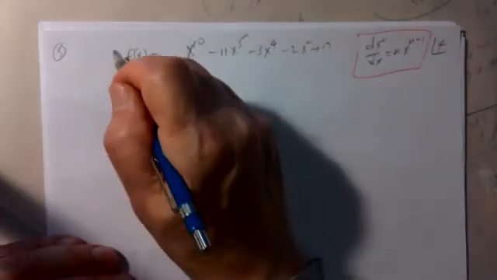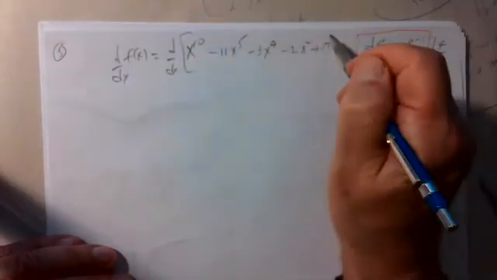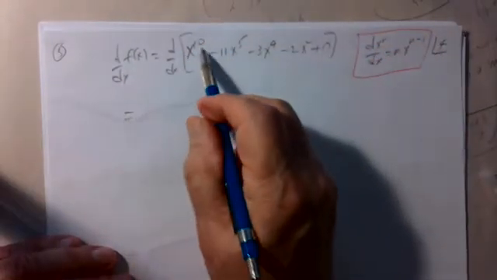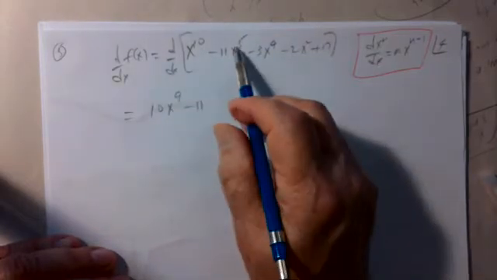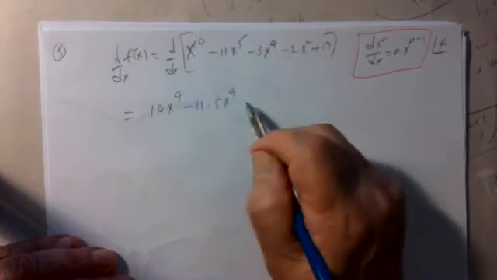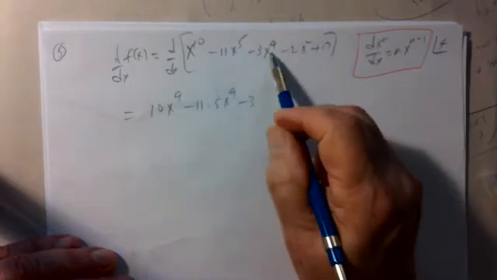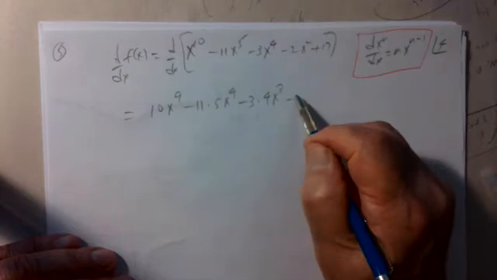If we differentiate this term by term, the derivative of x to the 10 is 10x to the 9. Minus 11 times the derivative of x to the 5, which is 5x to the 4th. Minus 3 times the derivative of x to the 4th, which is 4x cubed.